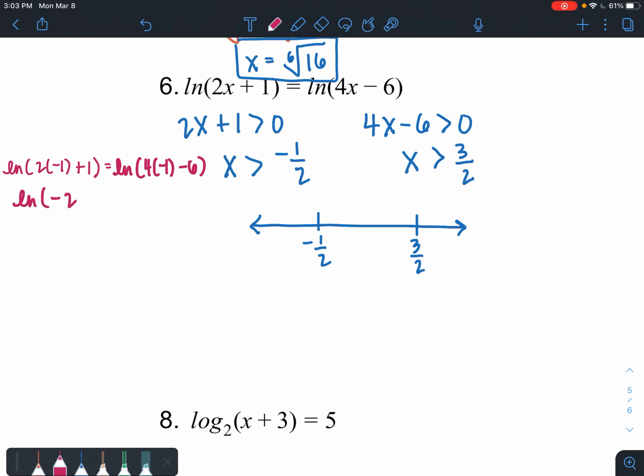So I have ln of negative 2 plus 1, which is negative 1, equals ln of, would that be negative 4, negative 10. So that does not work. Nope. Let's try 0.